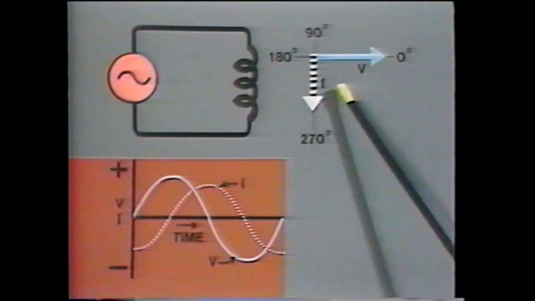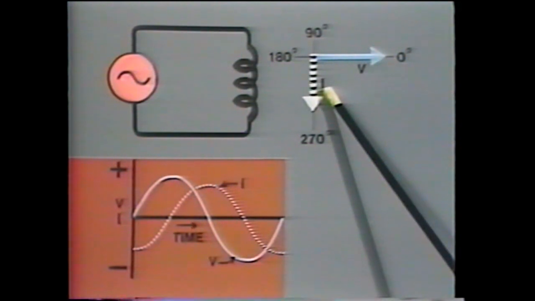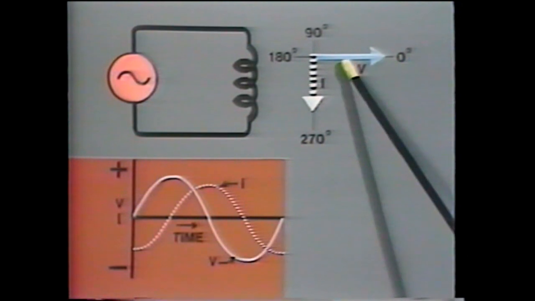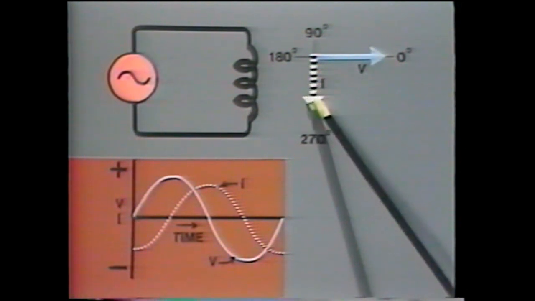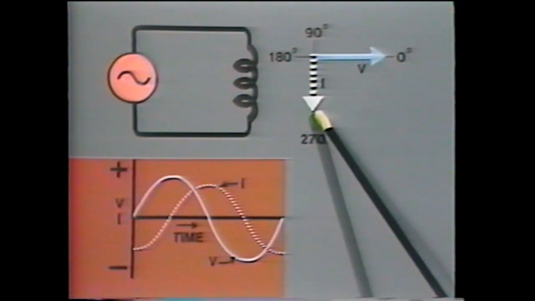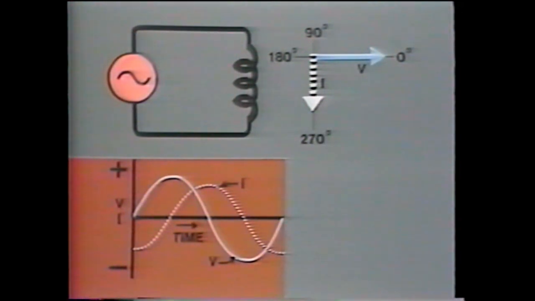The current in the inductive circuit is represented by this vector, and as you can see, it is drawn lagging, that is 90 degrees with respect to the voltage. Its length is proportional to the RMS value of current. In order to provide a convenient reference for comparing other voltages and currents, the voltage vector is often drawn at 0 degrees, as we show here.